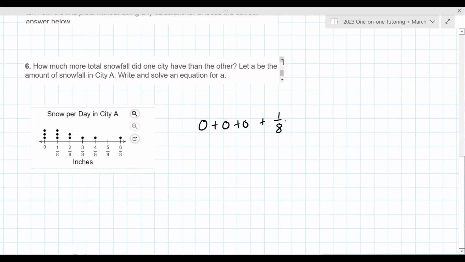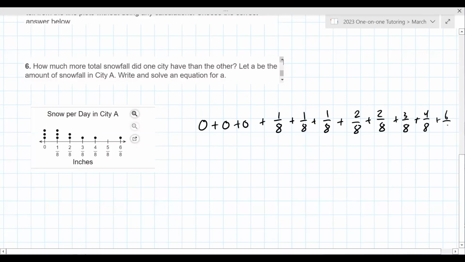And then it's 1/8 plus 1/8 plus 1/8 for the next three. And then 2/8 plus 2/8 for the next two. And then 3/8 and 4/8. And then the last one is 6/8. So you're looking for, well, we do have to add these up, but you're looking for the one that looks like this. But let's add this up here next, okay?